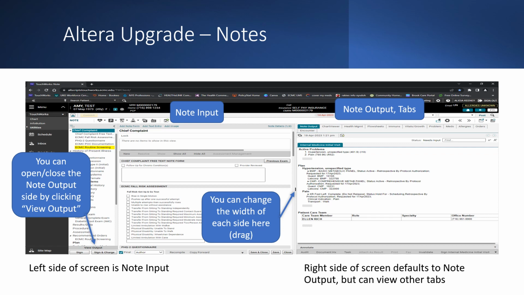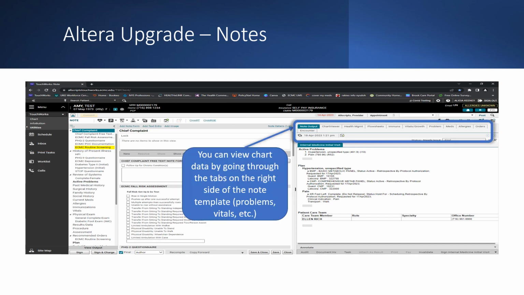It will also allow you to view your note output at the same time. In the old version of Allscripts, the note output was below the note input. Now they are side by side. And now that they are side by side, you can also look at the rest of the chart on the note output side by clicking through all the different tabs.